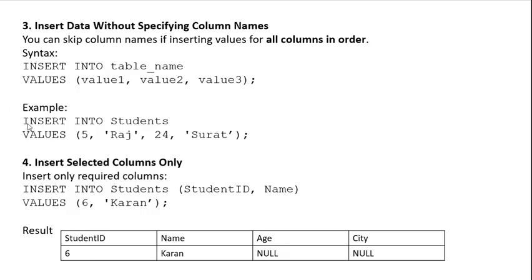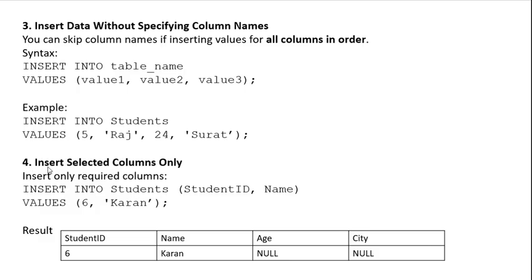For example, INSERT INTO the table name student VALUES, and inside the brackets student ID 5, name Raj, age 24 and city Surat, then close the brackets.